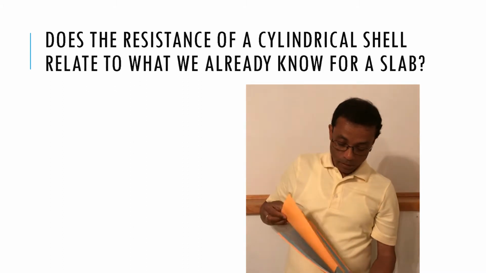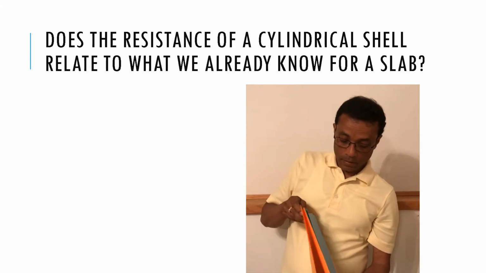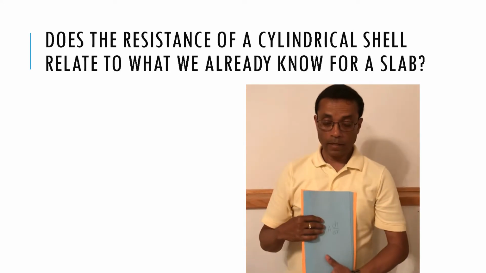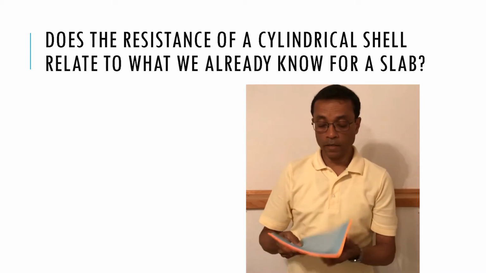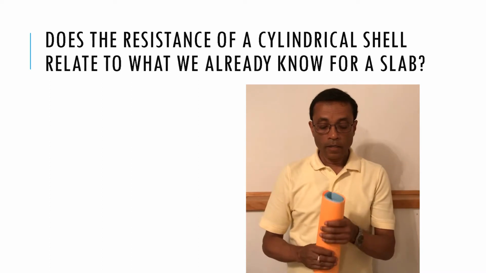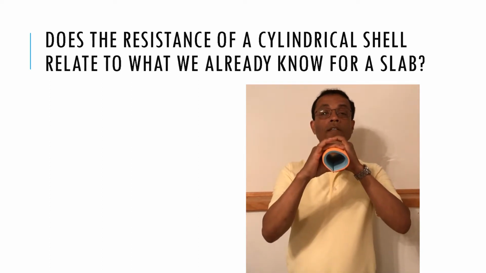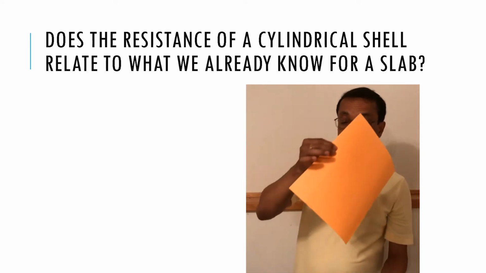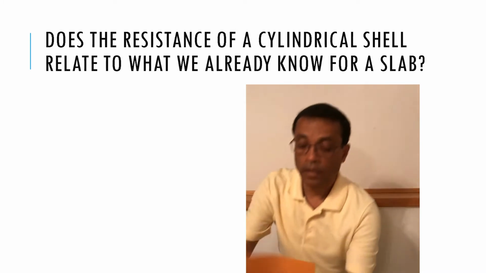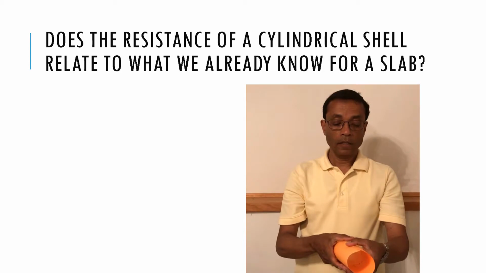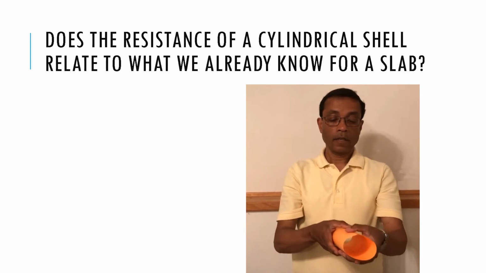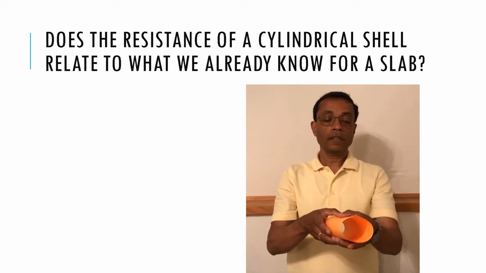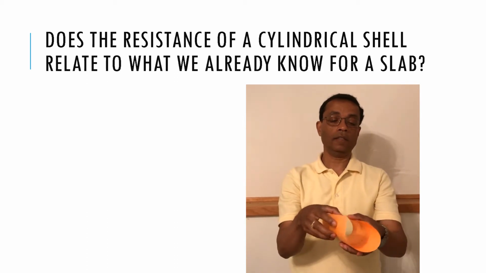So the first thing we want to talk about is that this system is different, and here the areas are different from the inside to the outside. But there are exceptions. Instead of this entire thick shell, suppose I take only a thin layer. This thin layer is a cylinder, but the inside and outside areas are pretty much the same.